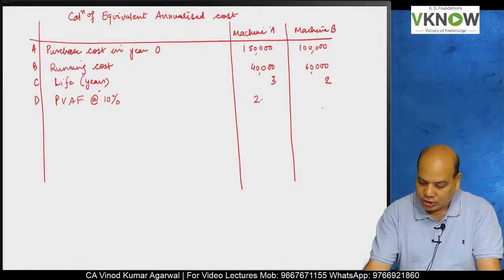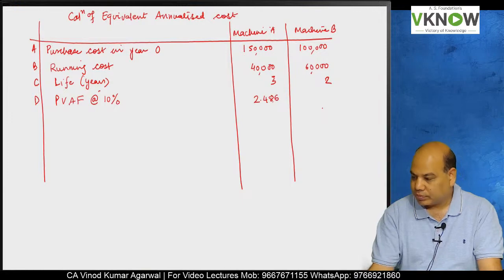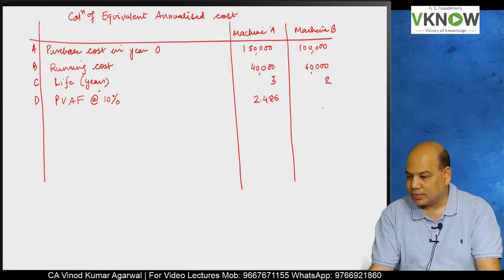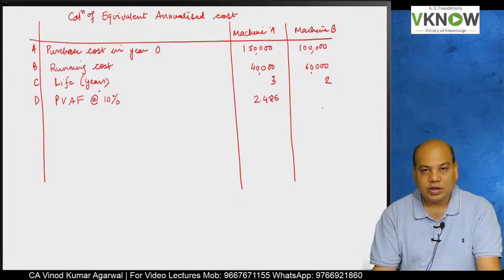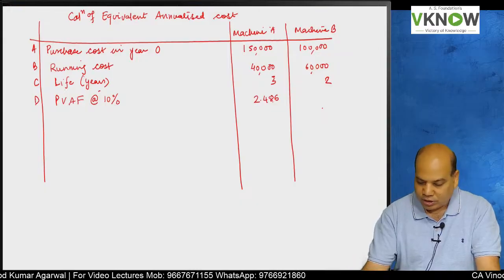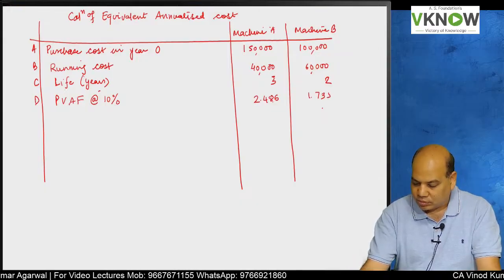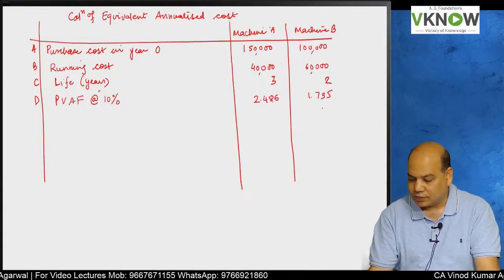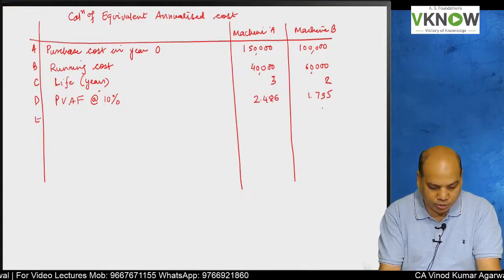So please check, you are getting 2.486. And for 2 years, 1 divided by 1.10, equal to, memory plus, memory recall, you will get 1.735. Just confirm.